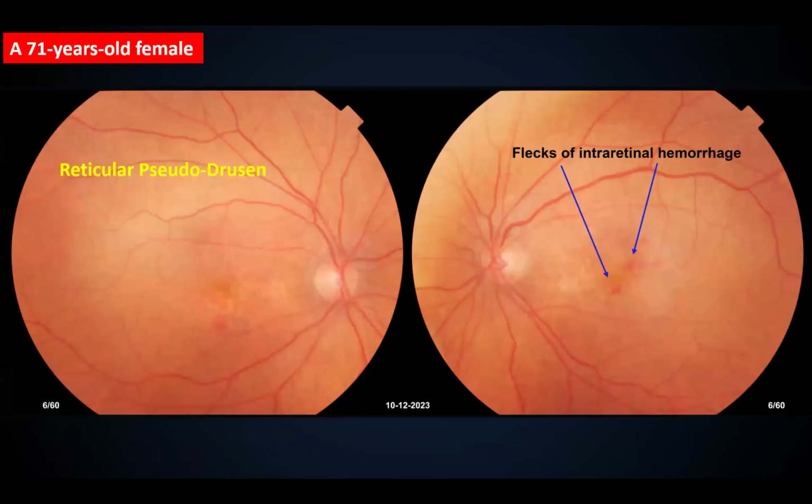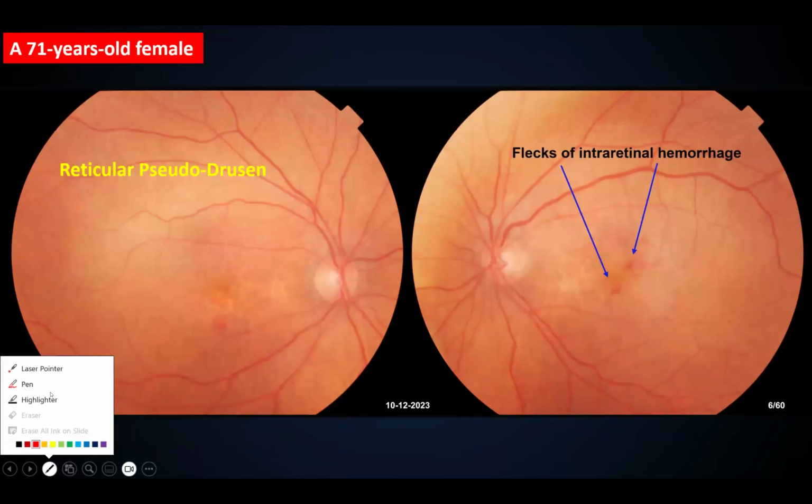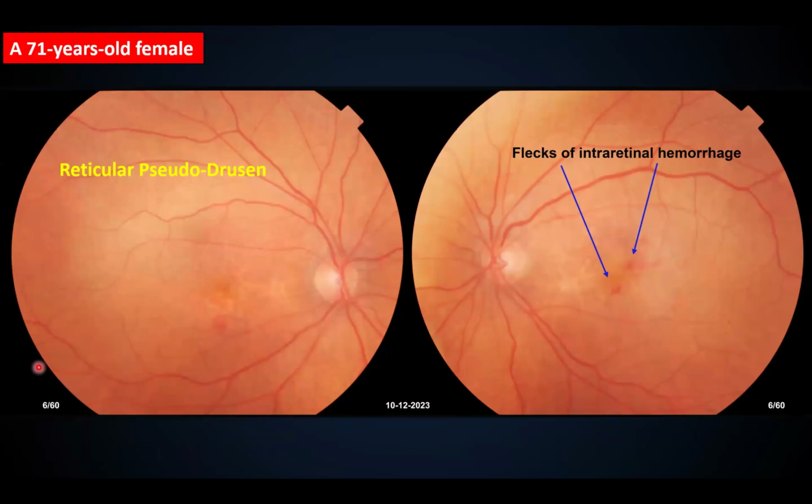So I'm sharing the clinical characteristics of this patient, a typical case of type 3 macular neovascularization, where we can see the subtle pseudodrusen in its very common location in the upper temporal area of the macula. Here we can see the very characteristic flecks of retinal hemorrhage.